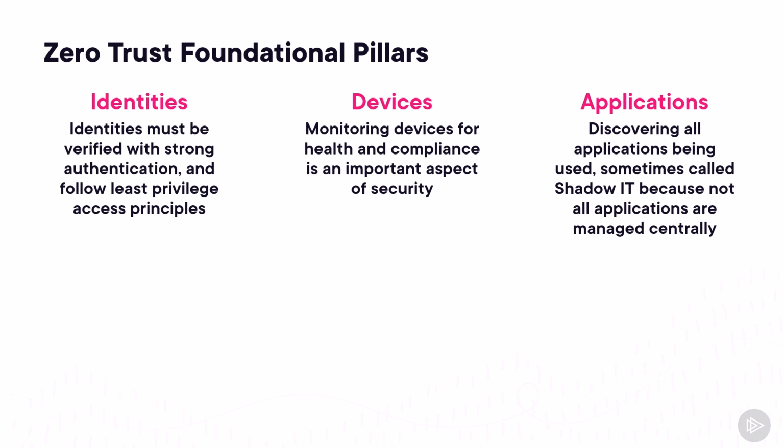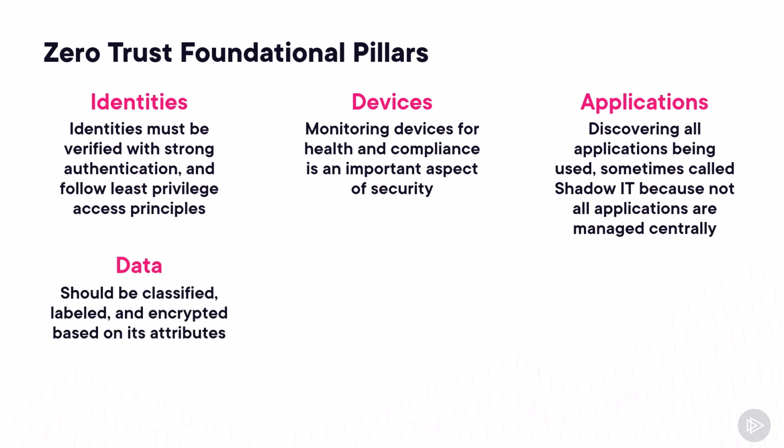This pillar also includes managing permissions and access to those applications. Fourth pillar is data. Data should be classified, labeled, and encrypted based on its attributes. At the end of the day, security efforts are ultimately about protecting data and ensuring that it remains safe when it leaves devices, applications, and networks that the organization controls.